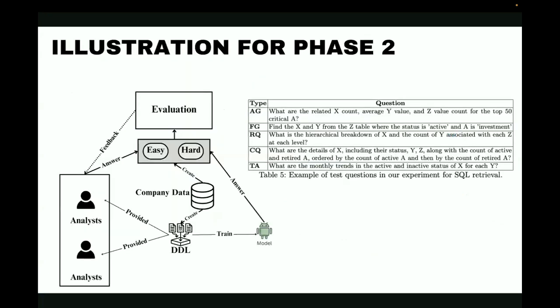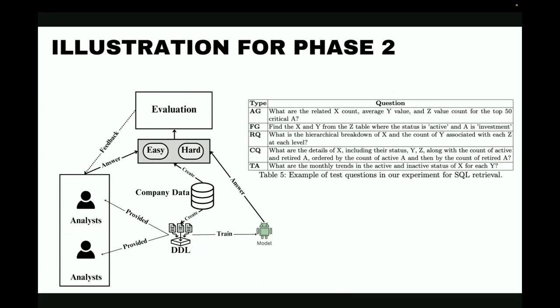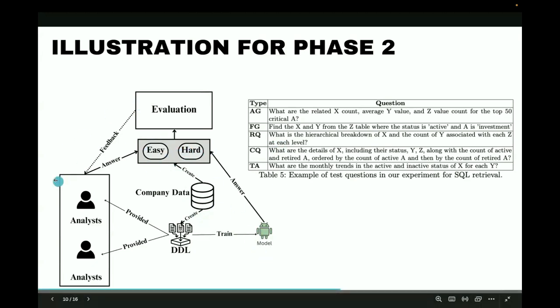This is an illustration of how we do our last phase, where we hire some data analysts. These are senior data analysts, and both the models and these data analysts are provided with the same DDL documentation. They don't know what data is in there, they only have a list of DDL. Then we ask them different questions, from easy to hard, and expect both of them to answer.